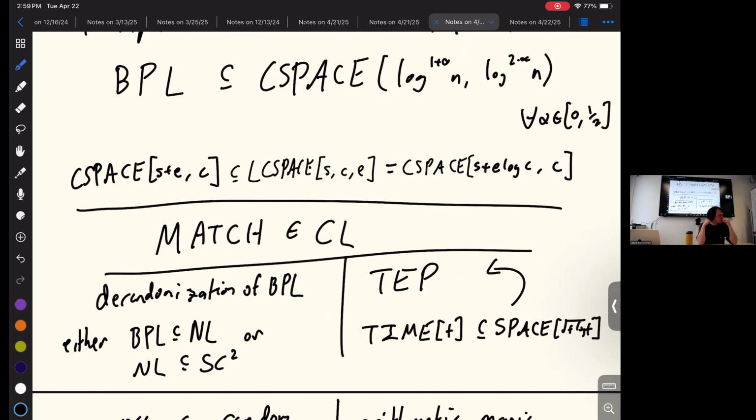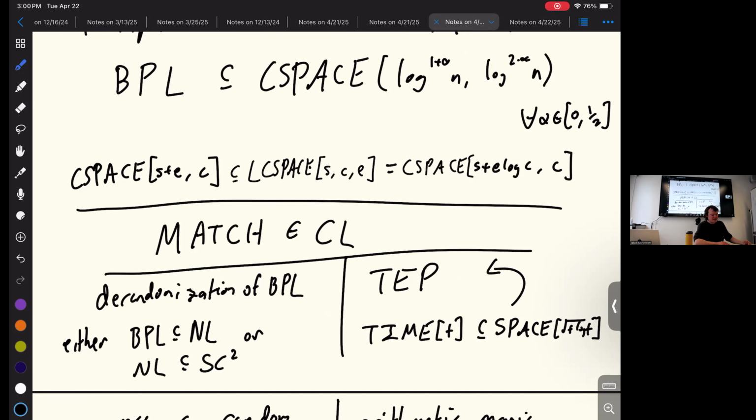If not, then you use its failure as, essentially, you're going to use the computation itself as a pseudo-random generator for BPL, which I don't exactly know how to describe, but essentially it comes down to this: if your machine fails, then you can exploit that as a source of randomness and then completely pivot into the BPL versus NL thing.